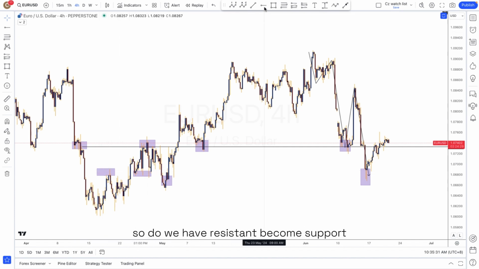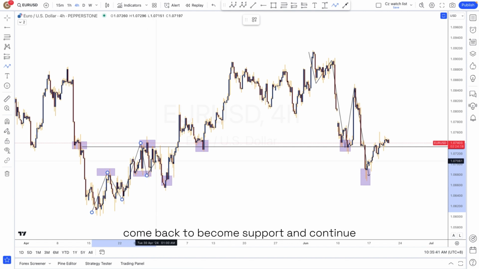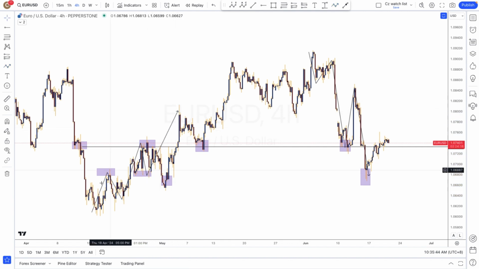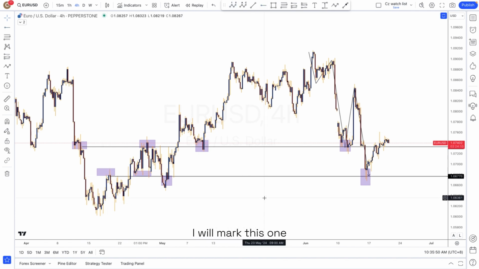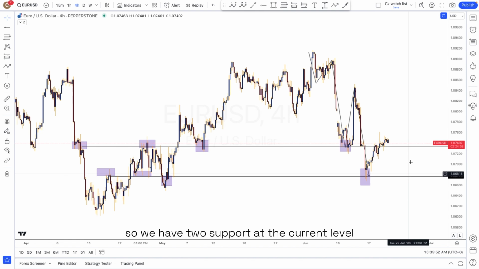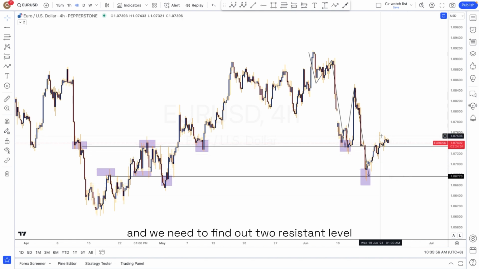So do we have resistance become support? Yes, we have the resistance break up, come back to become support, and continue. So this is the area that I want to tag as well. I will mark this one. So we have two supports at the current level, and we need to find out two resistance levels.